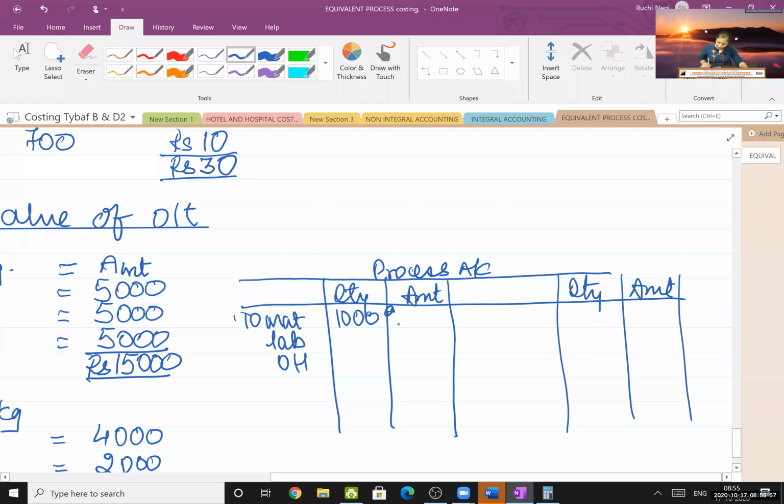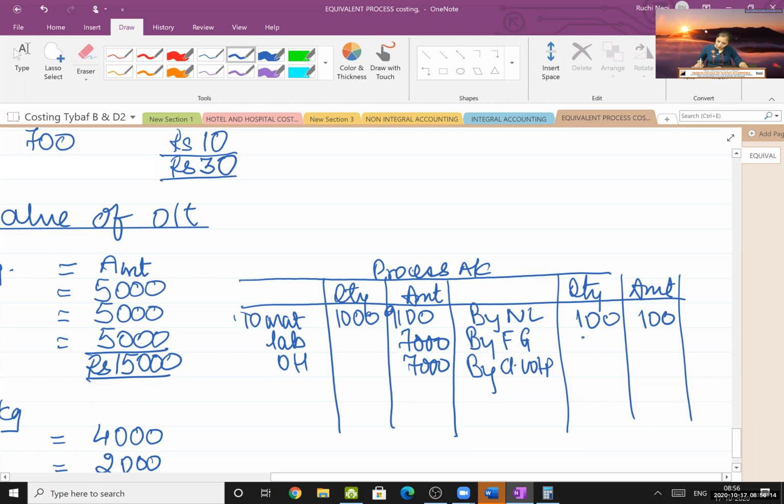So to material, labor, overheads, same thing: 1,000 units, 9,100, 7,000, 7,000. Then by finished goods, by closing WIP, and your normal loss is also there. Normal loss 100 units, 100 rupees; finished goods 500, closing WIP 400; this was 15,000, and this is 8,000.